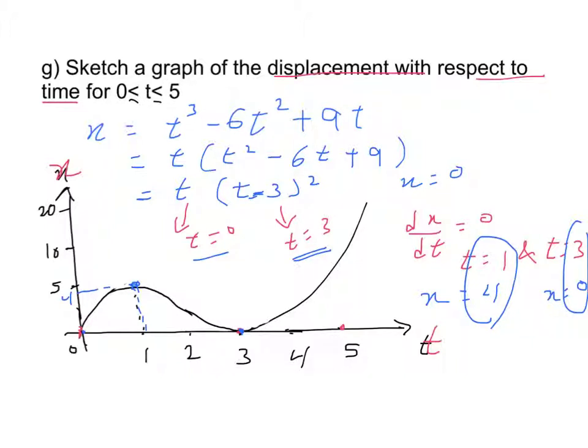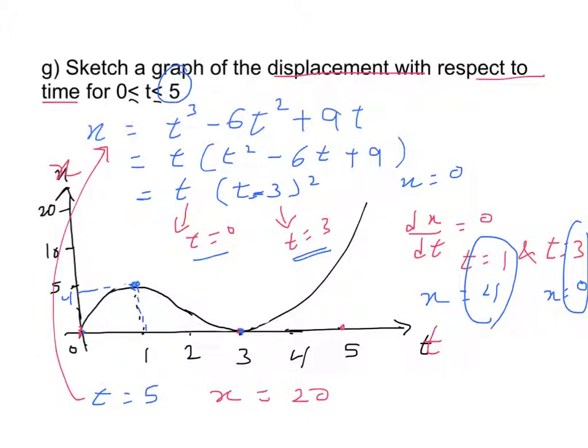And when t is equal to 5, to find the limits, that's what's required of us: to find the displacement at time equals 0 and at time equal to 5 seconds. What is the displacement at that time? Substitute back in the expression given, and you end up with x equal to 20.